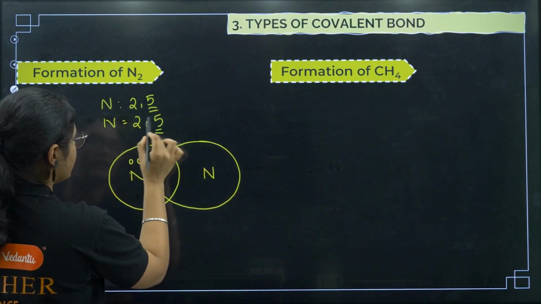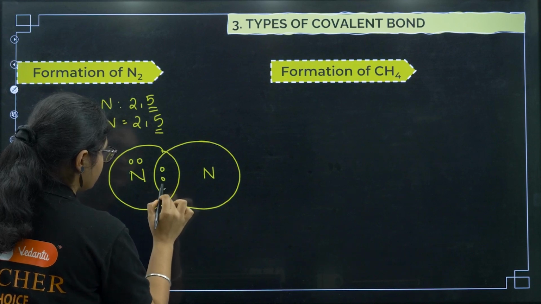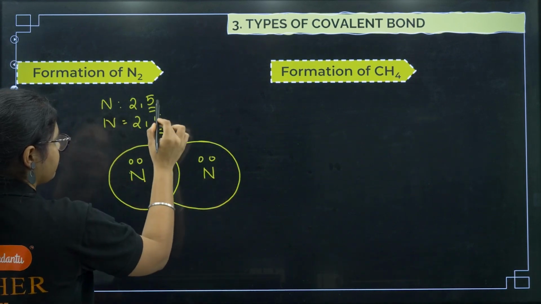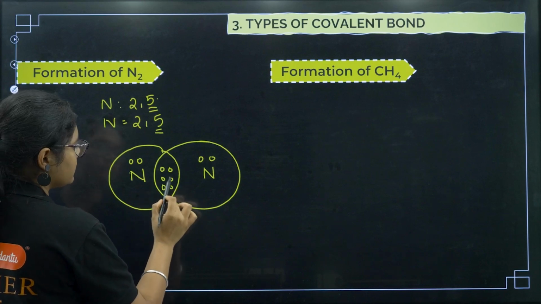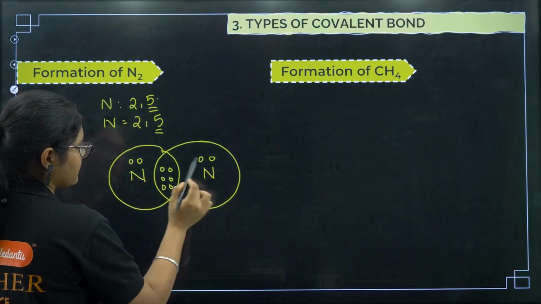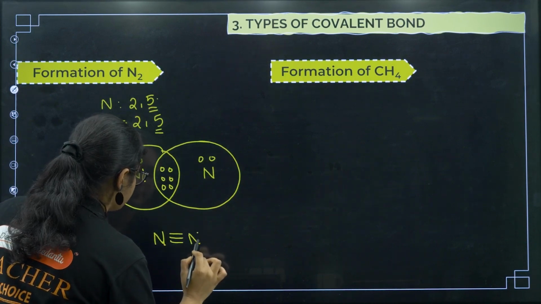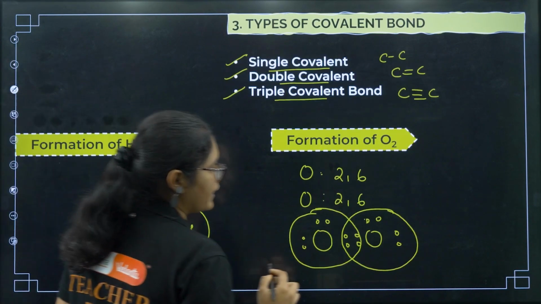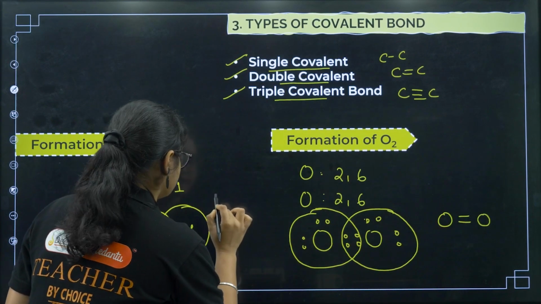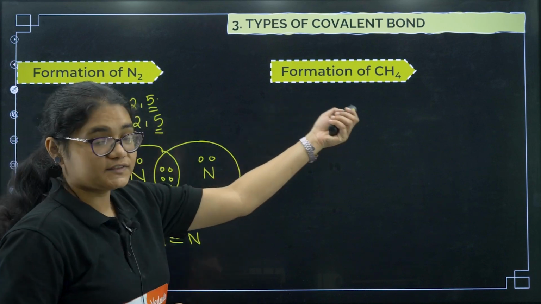Now I have 2 electrons here and 5 electrons are there in the valence shell, right? 3 electrons I'll put here, right? So you can see 5 plus 5 is 10. So 1, 2, 3, 4, 5, 6, 7, 8 and 9, 10. Nitrogen octet is satisfied, 6, 7, 8, and here also 6, 7, 8. Okay, this is N2 and this is O2. Okay, and this is H2. Clear?